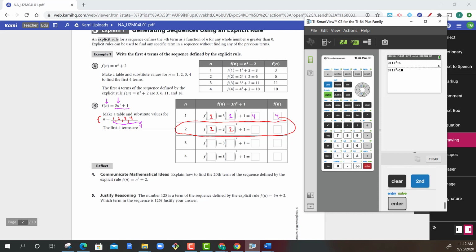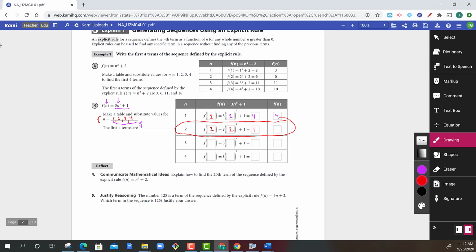It'll bring up the last problem, and then you can just type over what we put in the parentheses. So I'm going to type over the 1 and put in a 2 because we want to figure out what is this function equal to when n equals 2, and it should be 13. 2 squared is 4. 4 times 3 is 12, plus 1 is 13.